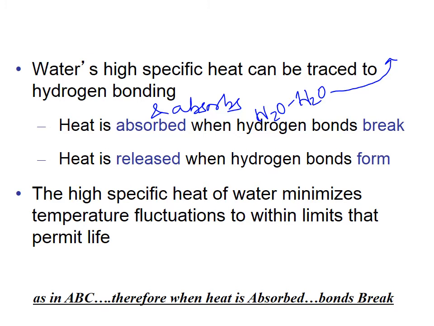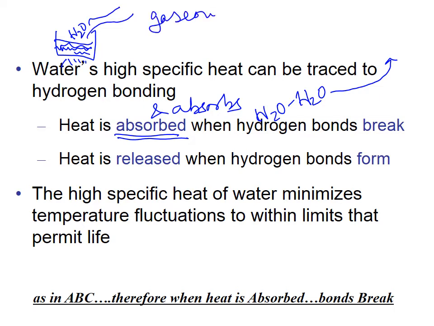If you have a container and you're heating it, all of these water molecules are held together by hydrogen bonds. When you heat it, it absorbs all that heat to a great extent. At a certain point, water molecules break away and go off into the gaseous state from liquid.